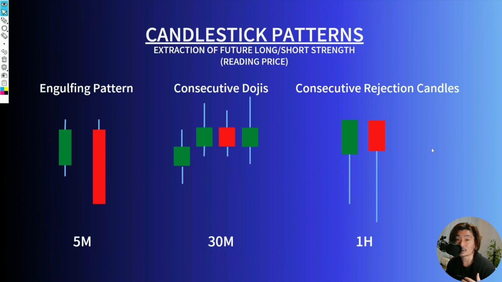And although there are a couple more that I do use personally, at the basic level, these candles are enough when used in combination with other price action methods that gauge future long and short strength to reach efficiency in trading. Okay, and so now let's go on to how you want to use what I taught you with single candlesticks and candlestick patterns in actual trading.